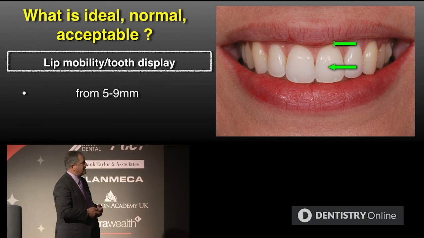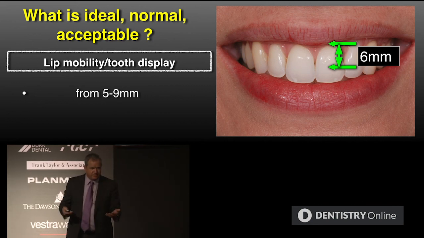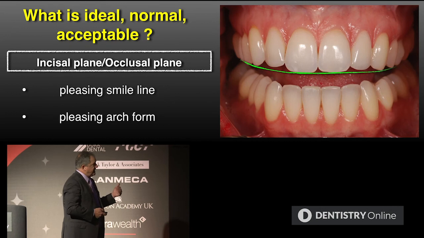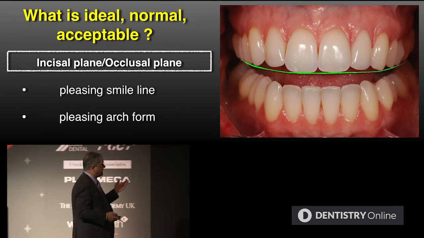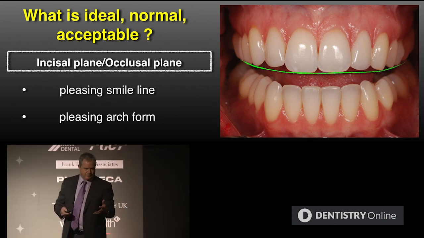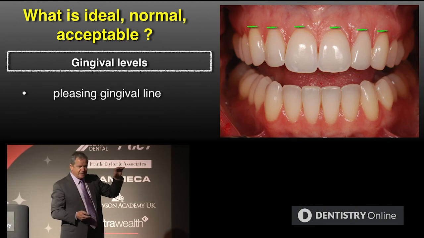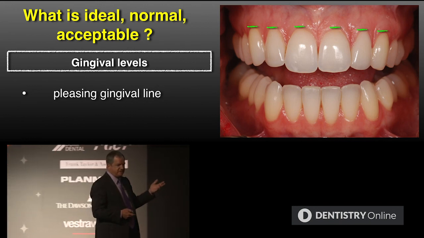In this particular example, her lip moves about 6 to 7 millimeters, which is right within that sort of normal range. What else do we think about in tooth position? You all learned this from your denture days. We think about a pleasing smile line, a level occlusal plane, a nice arch form. Gingival levels, we think about the centrals being the most apically positioned tissue, the central tissue even with each other.